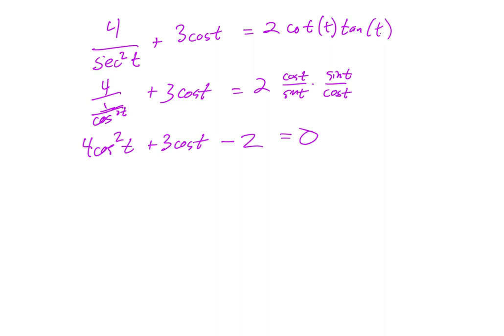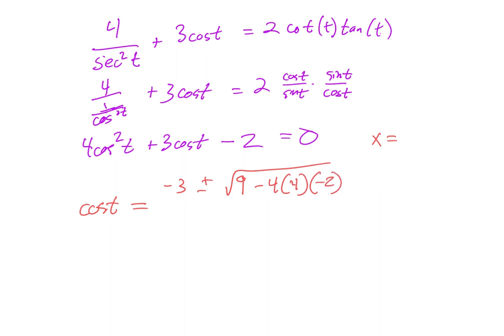Now you might think, oh no. But remember, when we did the quadratic formula, what did it start? It started with x equals something. Well, in this case, it's not x, it's cosine of t equals negative b, negative 3, plus or minus the square root of b squared, which is 3, which is 9, minus 4 times a times c, 4 times negative 2, all over 2 times 4.